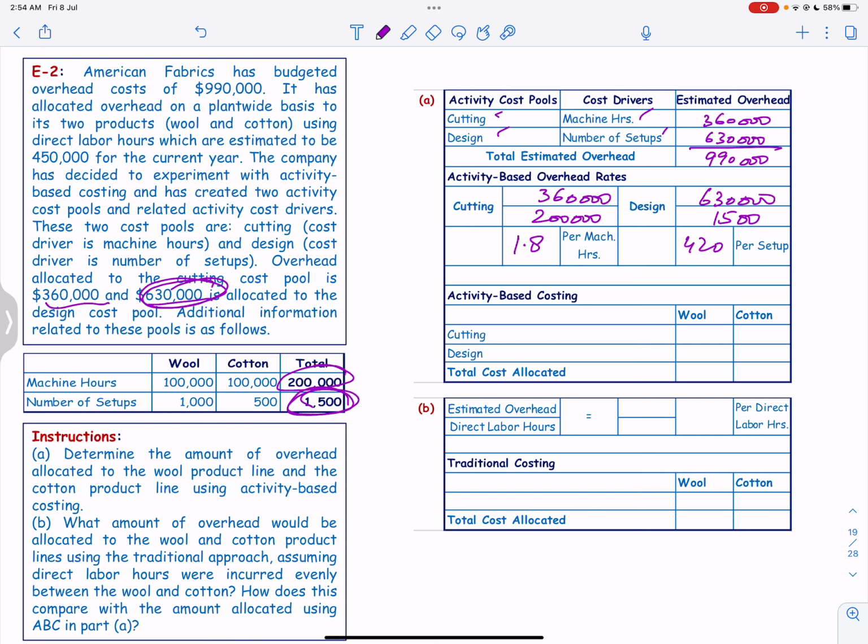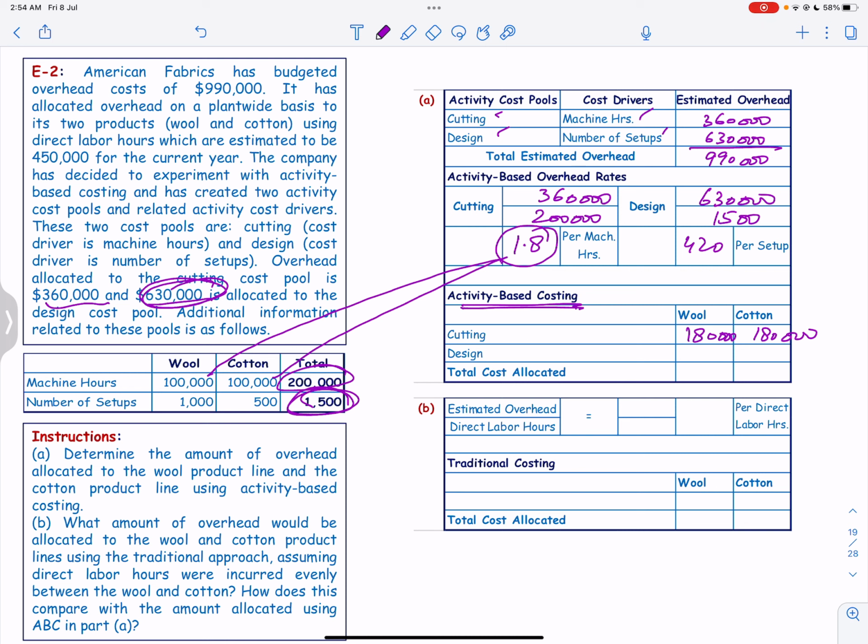So next we go for activity based costing for the two products. For cutting we have 1.8 times 100,000, that is 180,000, and for cotton also it will be the same, as the number is the same, 1000 times 1.8.